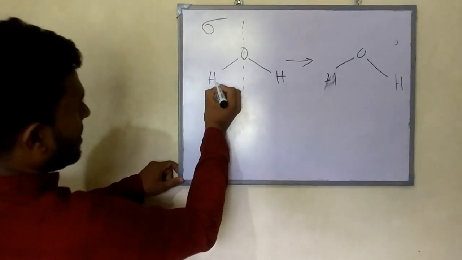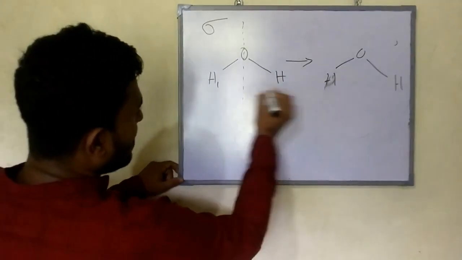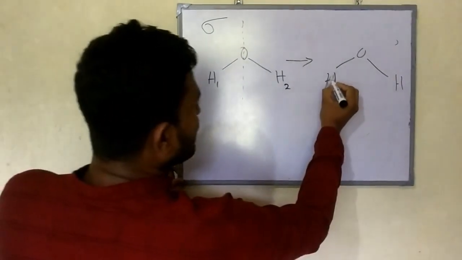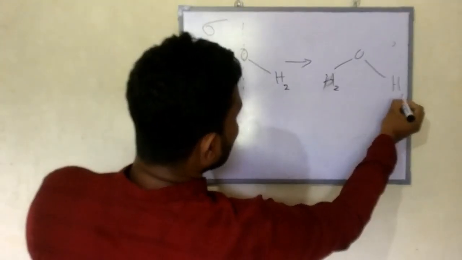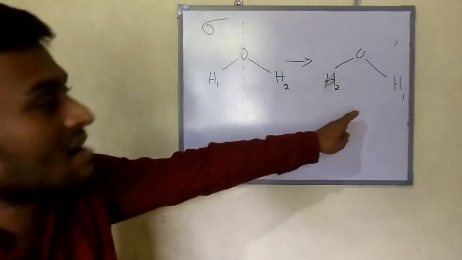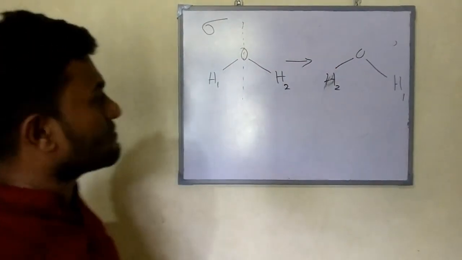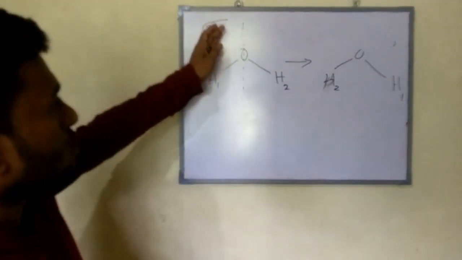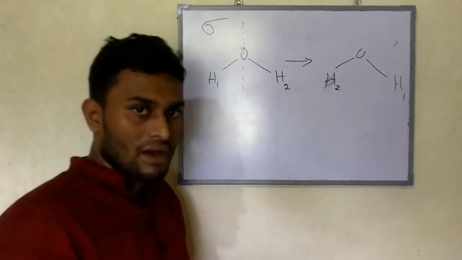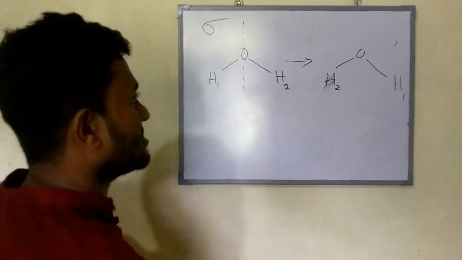If we name the atoms 1 and 2, the resultant one will be 2 and 1. So the resultant one will be a mirror image of the first one. So that is actually a separation, not a rotation.